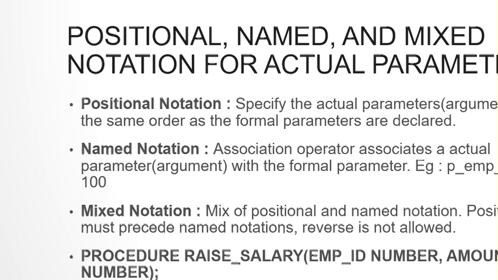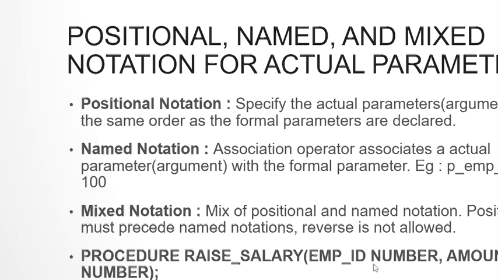The second way of calling it is named notation. Here the association operator, which is equal to with a greater than sign, associates an actual parameter, that is 100, with a formal parameter.